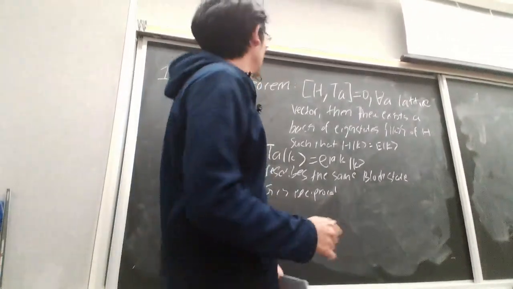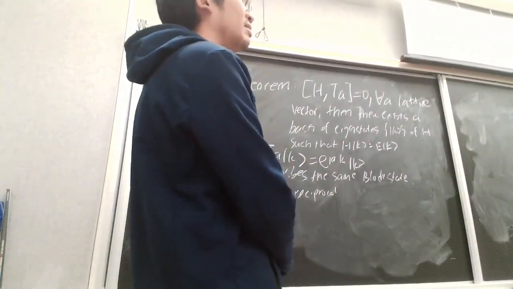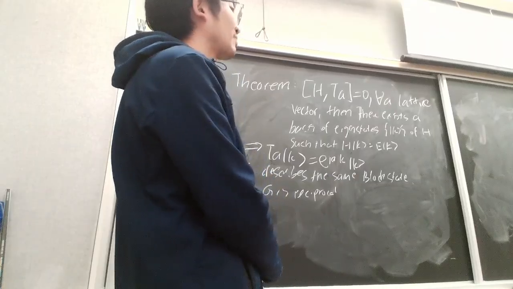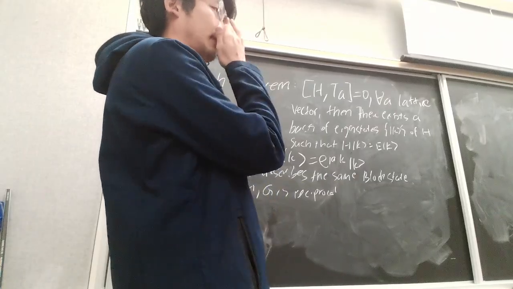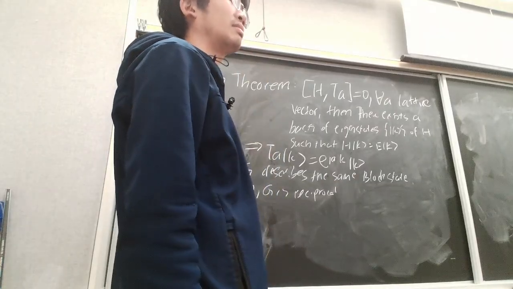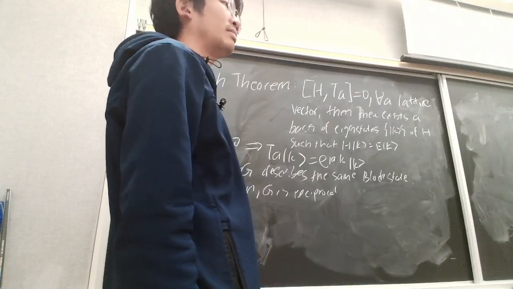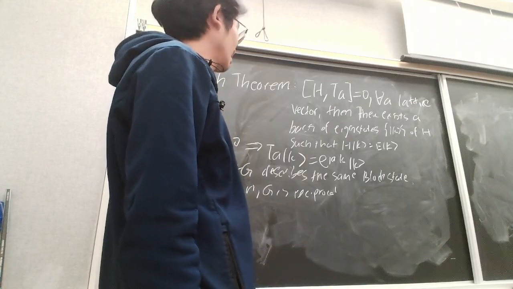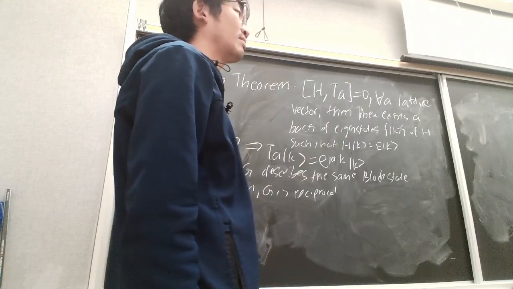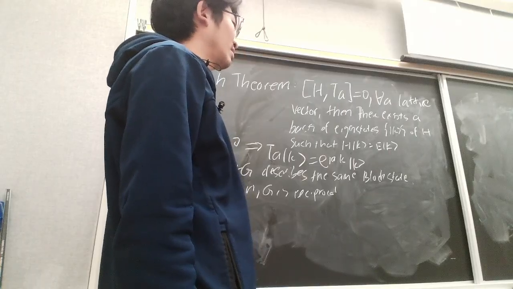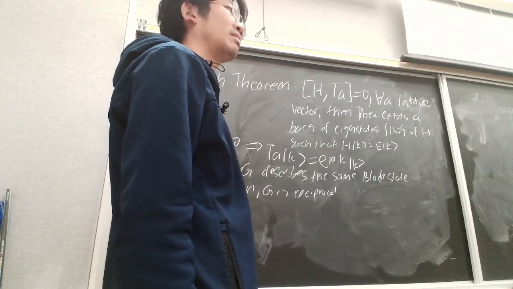So the point is, we have these translation operators. What they do is act on a wave function by sending psi of x to psi of x plus a, so just shifting the argument by some vector a.